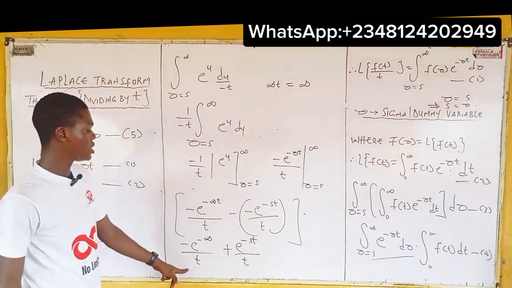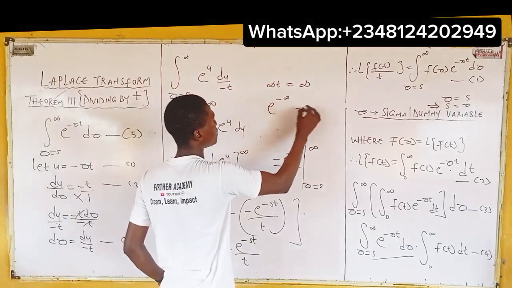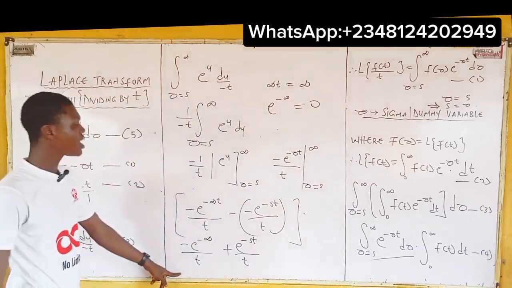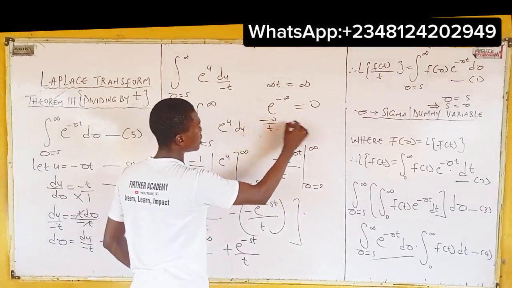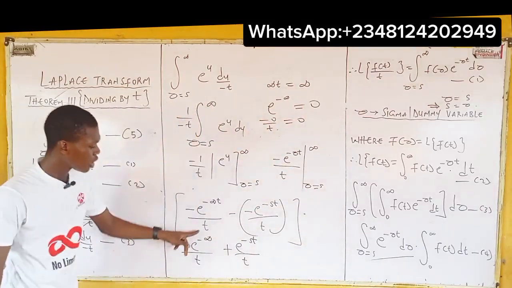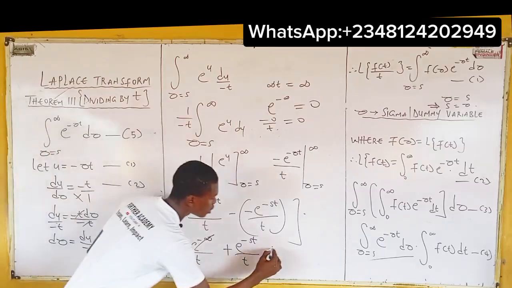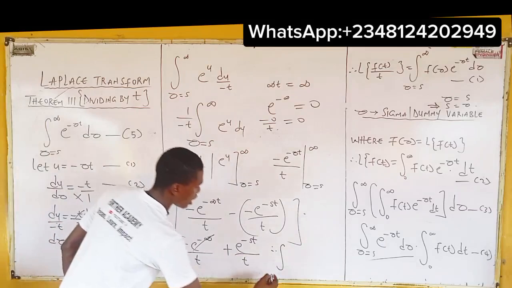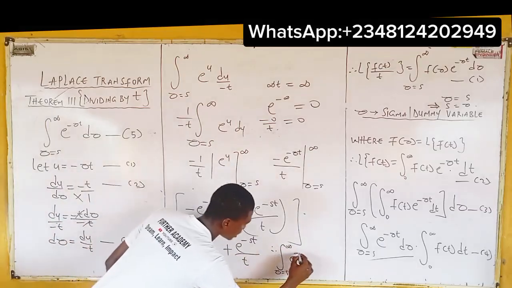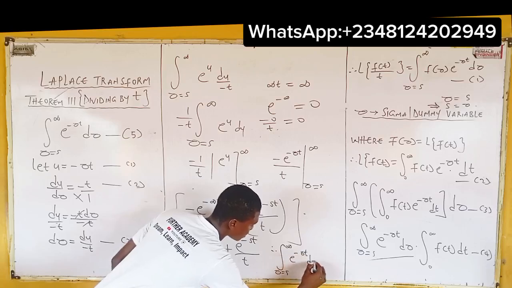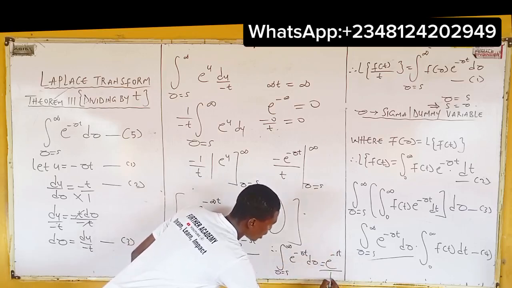Input this in your calculator. Exponential to the power of negative infinity gives you 0. So negative 0 over t is equal to 0, meaning all of this is cancelled out. Therefore, the integral as sigma equals x to infinity of exponential negative sigma t d sigma is equal to exponential negative st over t.